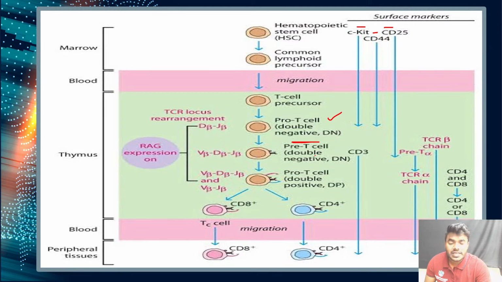When the pro T cell, double negative, is converted into the pre T cell, double negative, there will be an inactivation of c-KIT and an inactivation of CD44. Then what is present in the pre T cell? Listen, my friends, there is a presence of CD25, and there will be an expression of CD3 and, most importantly, T cell receptor alpha and T cell receptor beta.